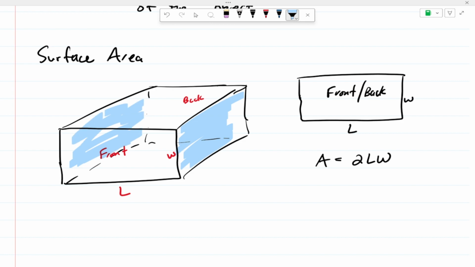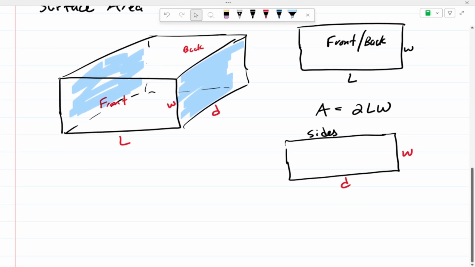Here we go. So if I were to do this again, notice here I have, and I'm going to label this the sides, but this is still going to be basically the same exact dimensions. This is length. Actually, since this is a rectangle, let's make this D for depth. So this is going to be D times W. And since I have two sides, the area of that will be 2 times W times D.